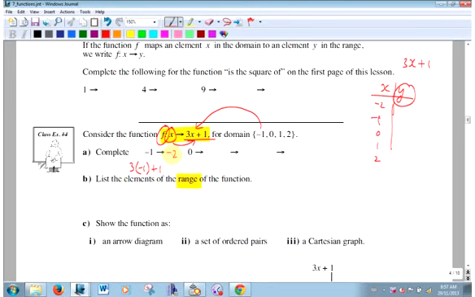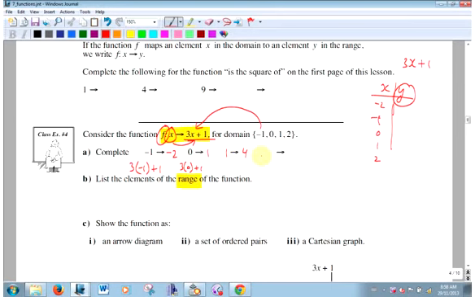What if x is 0? This one's easy. 3 times 0, 0 plus 1, that's 1. There's nothing here, so let's choose 1. 3 times 1 is 3 plus 1.